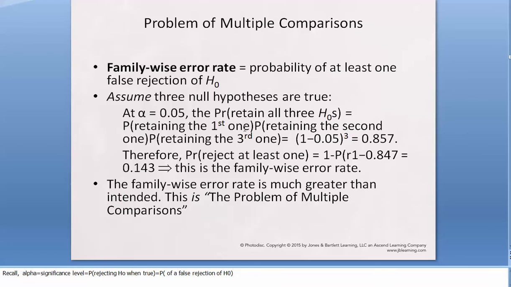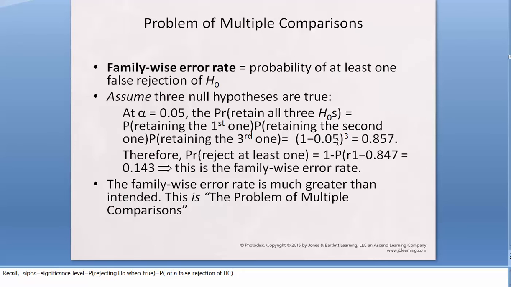If you remember in probability, we said that if the events are independent, to get that AND probability, you can multiply them. That is why I have multiplied the single event probabilities: the probability of retaining the first one times the second one times the third one. Now these all have the same probability. Remember, we are doing this whole business assuming the null hypotheses are true.